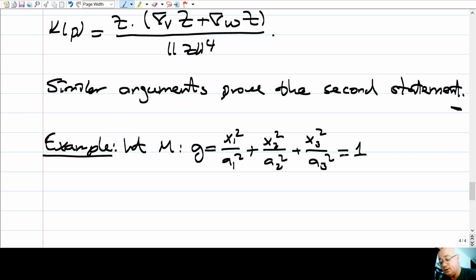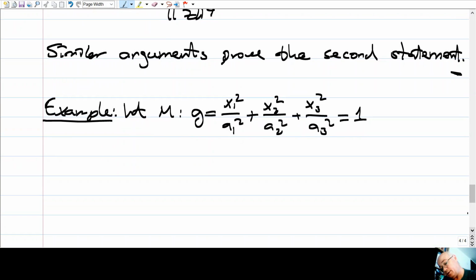I could have written this as minus 1 equals 0, but this would be more convenient. What is this? This is an ellipsoid, right? An ellipsoid.